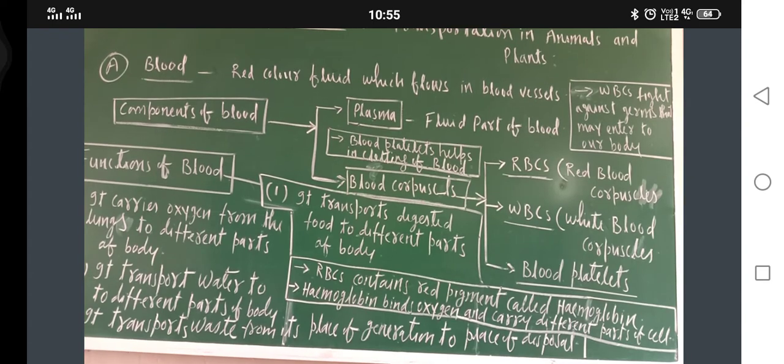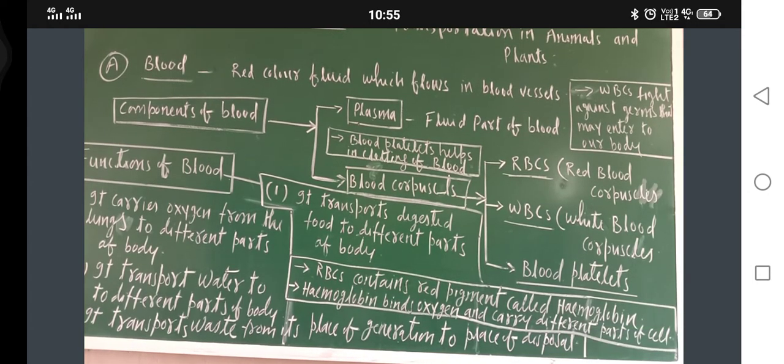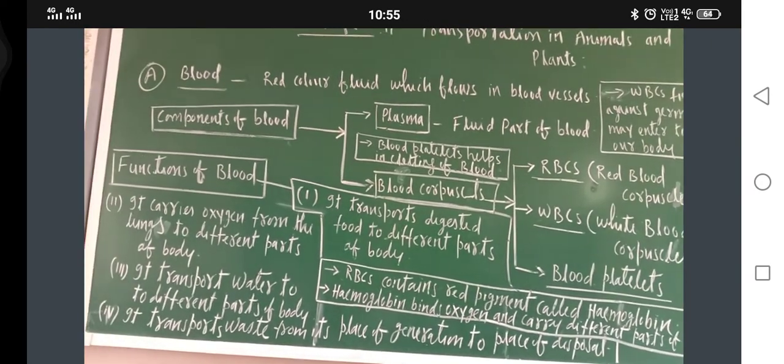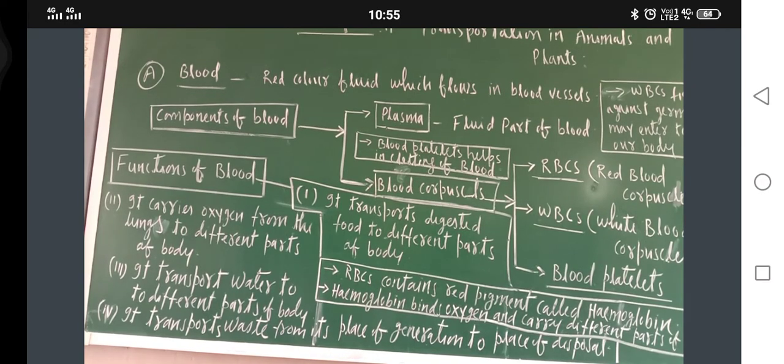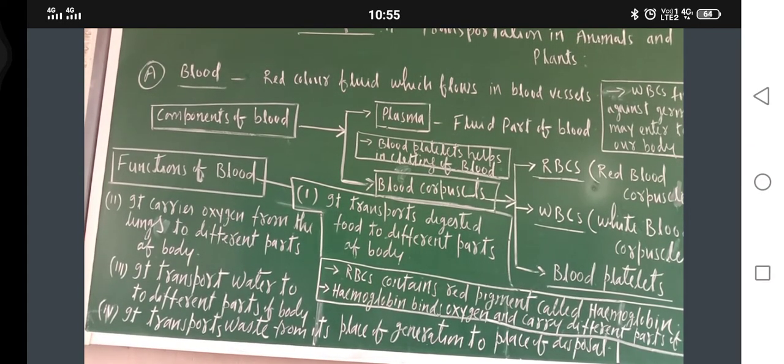Okay, now what is the overall function of the blood? The first function of blood is it transports digested food to different parts of our body. Second function is it carries oxygen from the lungs to different parts of body. Next one is it transports water to different parts of body.